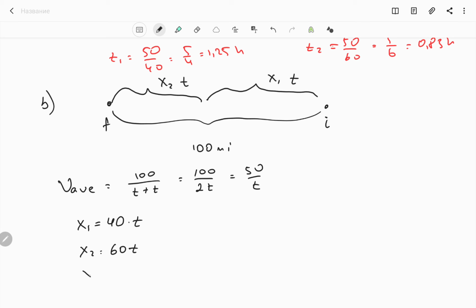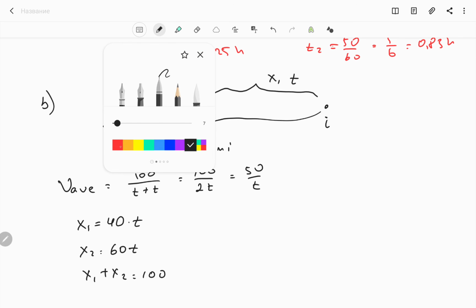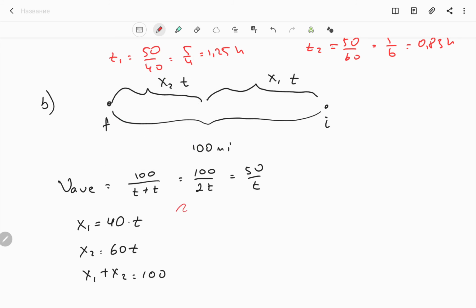And we know that x1 plus x2 should be equal to 100. There is no other way. So let's call these equation number 1, equation number 2, equation number 3. Let me substitute x1 and x2 into the third equation. So let's see what we can get.